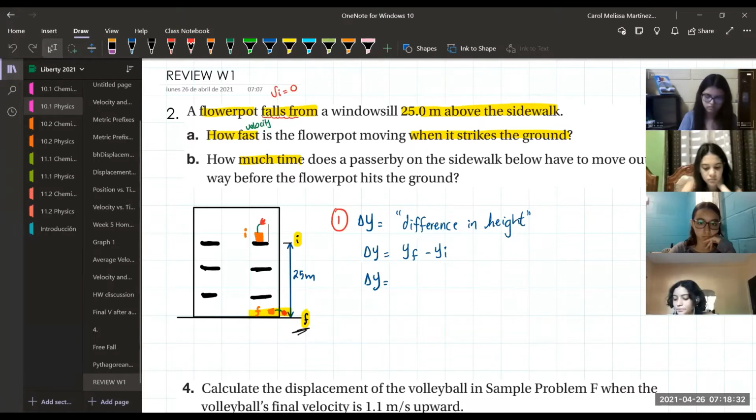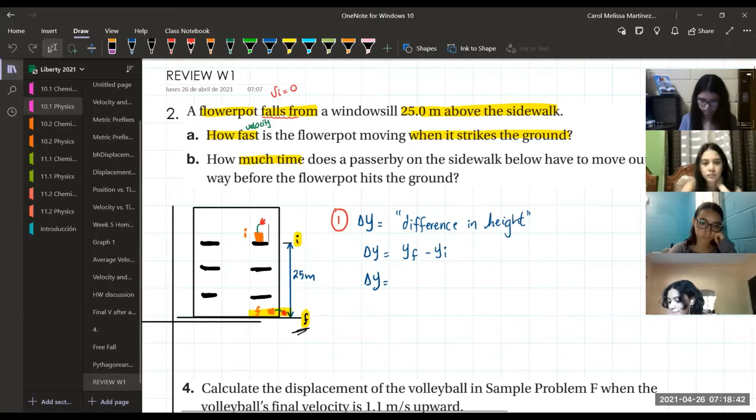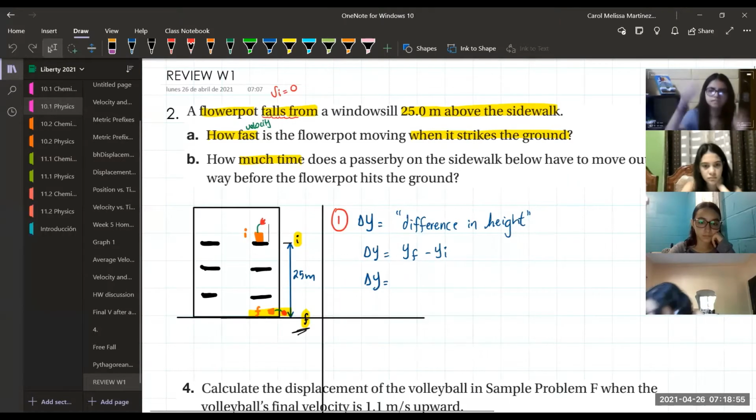Remember, if I put an axis over there, I know that in this side I have my 25 meters, and in this point right here I have 0 meters.